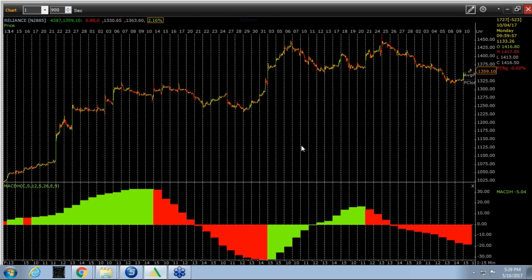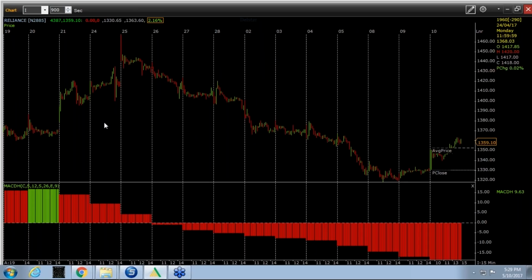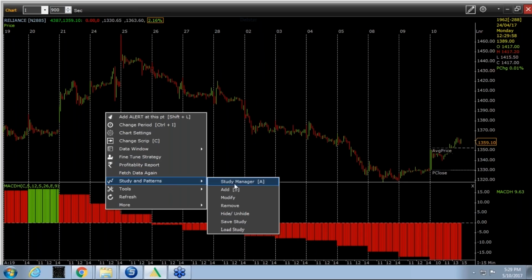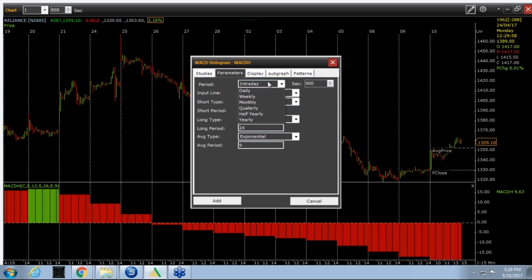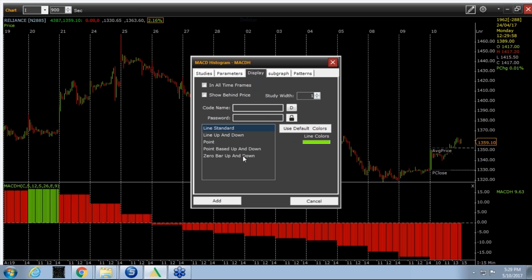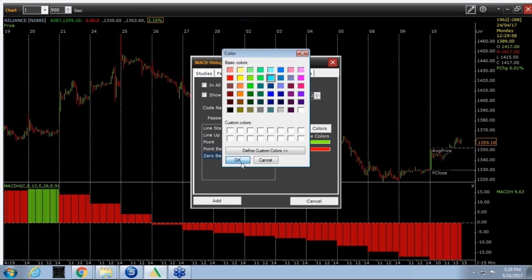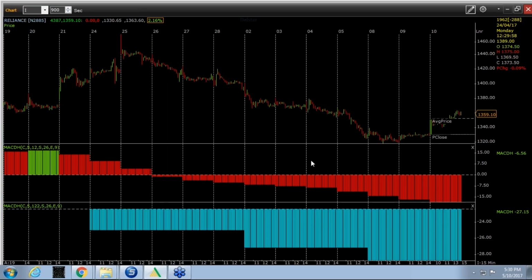What we can do is we will just go and add another MACD histogram, but this time we'll add a weekly. We'll change the colors for better understanding. So just one sec. Weekly.